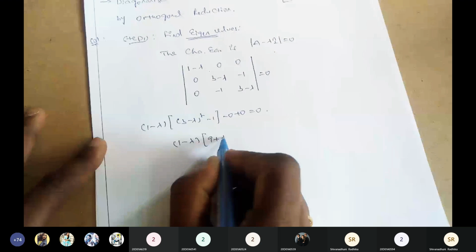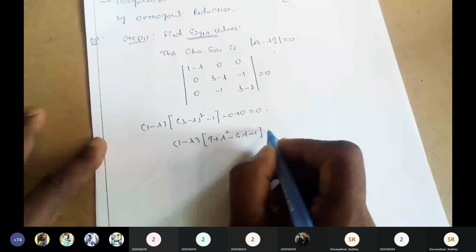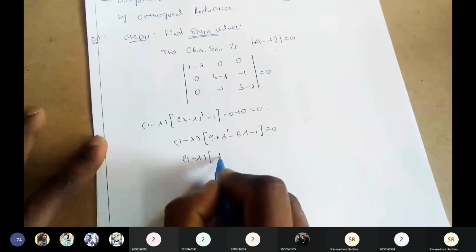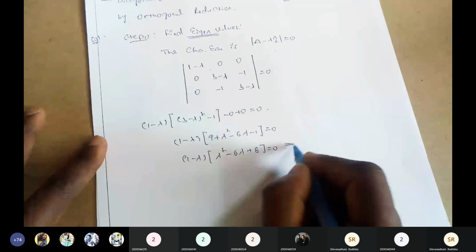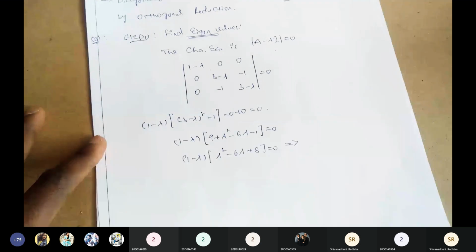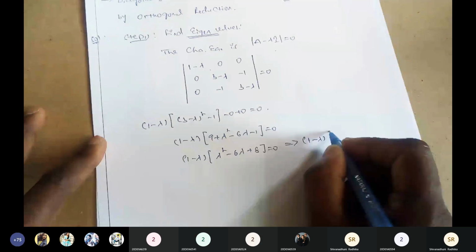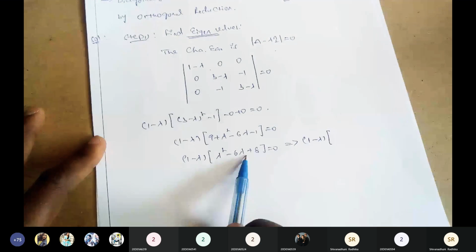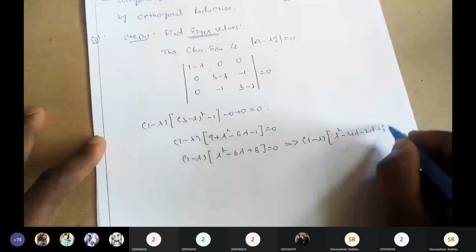Now here, 1 minus lambda into (a minus b) whole square: 9 plus lambda square minus 6 lambda minus 1 equals 0. So 1 minus lambda into (lambda square minus 6 lambda plus 8) equals 0. By factorization, that can be written as lambda square minus 4 lambda minus 2 lambda plus 8 equals 0.